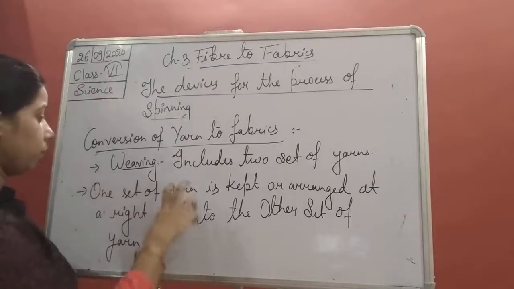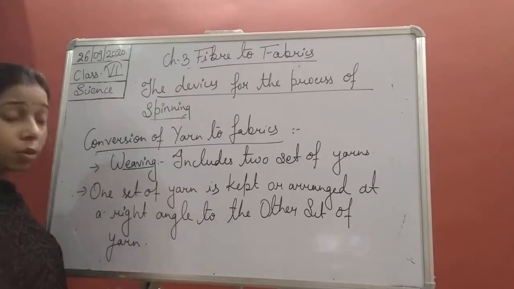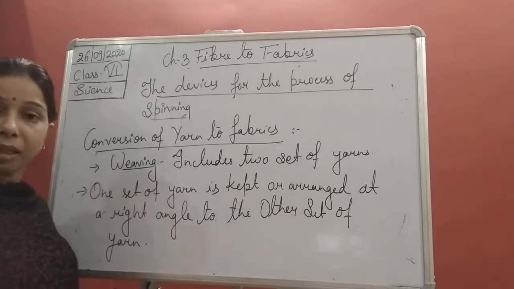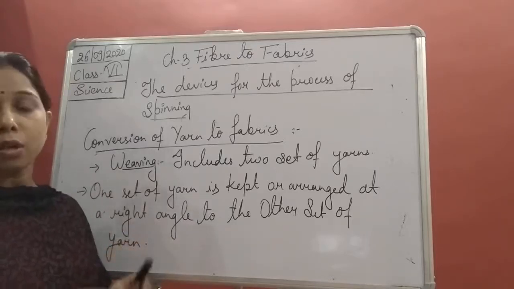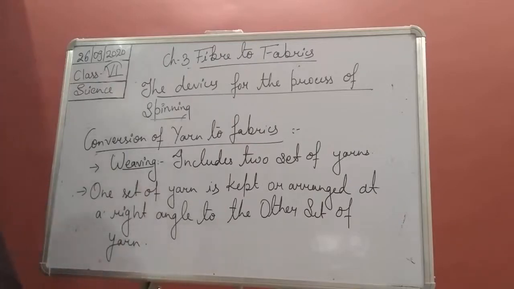Okay, so this one is about right angle, students. You can take one thread, one yarn, and when you keep it at a right angle to the other, together it will form the fabric.